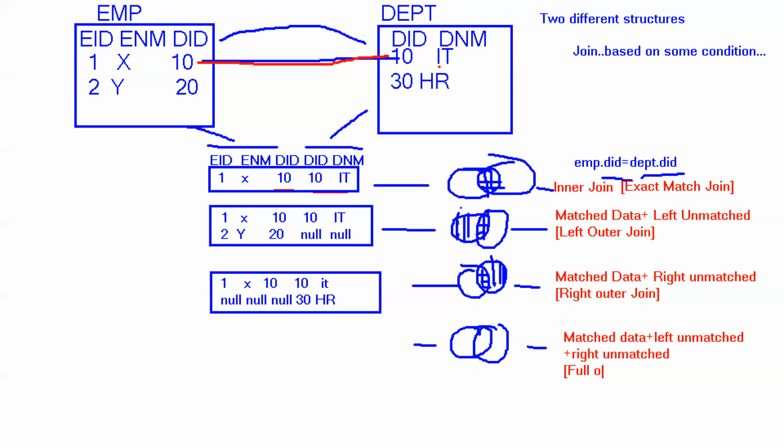So what do you call it? Full outer join. So this is matched data. This is left unmatched. This is right unmatched.